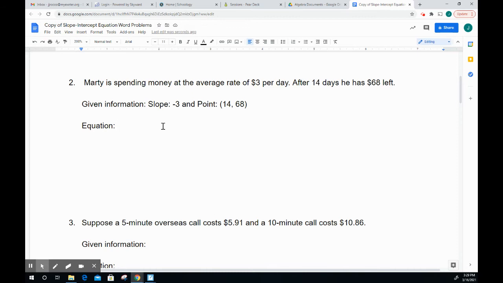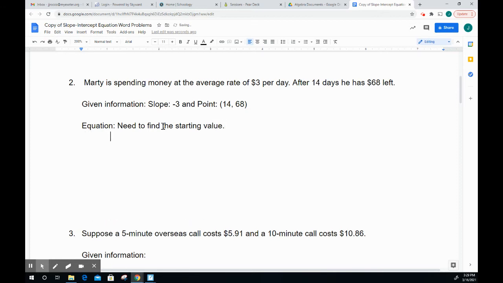So our equation, how are we going to do this? Well, we have a slope and a point. We need to find the starting value. Right? How are we going to do that? Well, when we have a slope and a point, you guys know this, we always go to y equals mx plus b. We're going to fill in everything but the b. The b is our y-intercept.